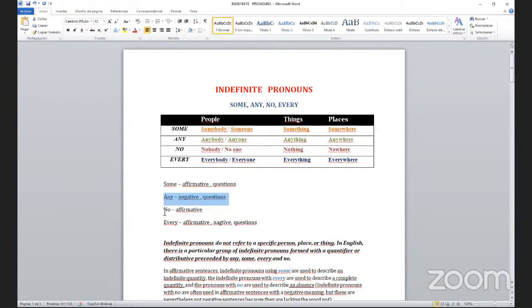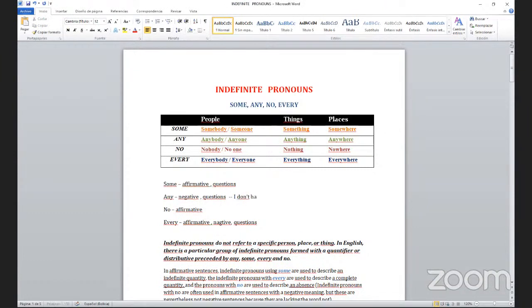Of course, any and no are the same in meaning, but when we use them in sentences, no always goes with affirmative sentences. For example, I have nothing to eat. If I want to use anything, it is gonna be with negative sentences. I don't have anything to eat, okay?